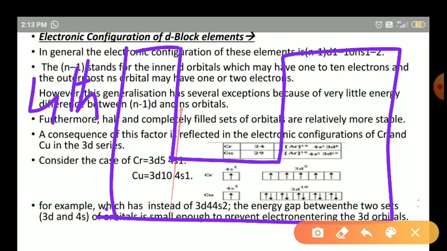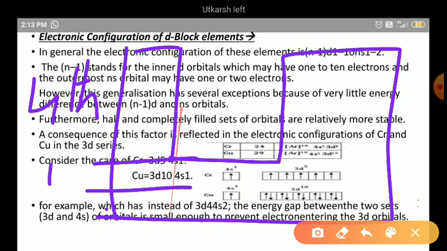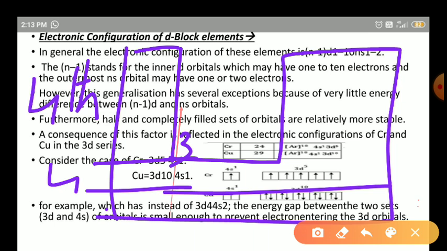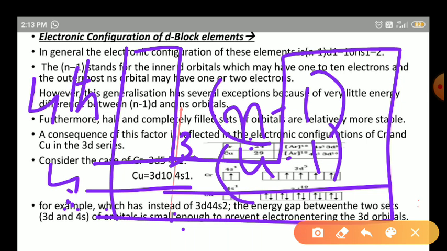Here it is the fourth period and it belongs to the third group. So we are using n minus 1. The n stands for the fourth period, that is 4 minus 1, and next the 3d.